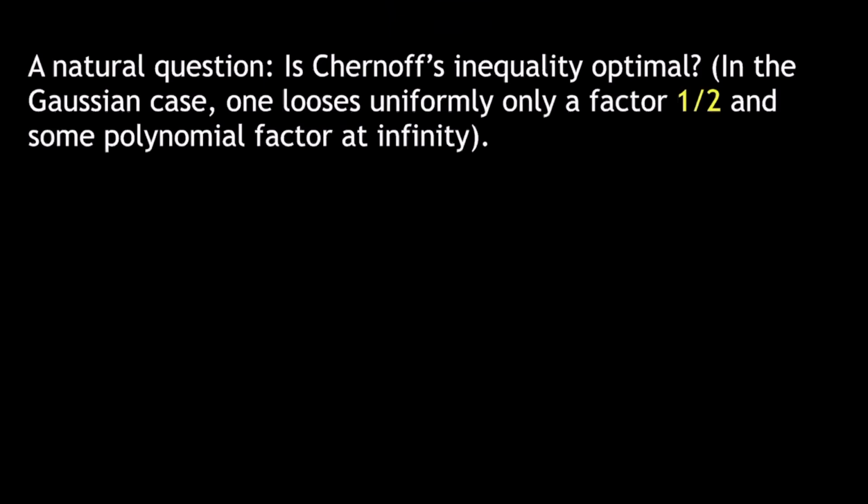So the natural question is: is Chernoff inequality optimal? In the Gaussian case, we lose something which is a half uniformly, or 1 over theta times 1 over root 2 pi, if you look at what happens when theta is large. So essentially, what you see in the Gaussian case is that the exponential minus theta squared over 2 is the right quantity to look at.